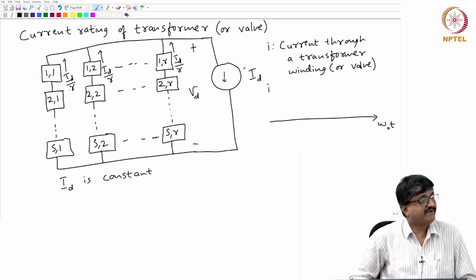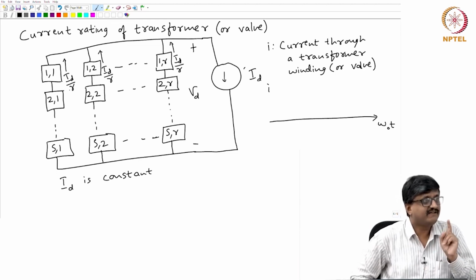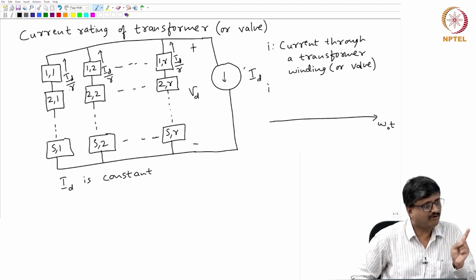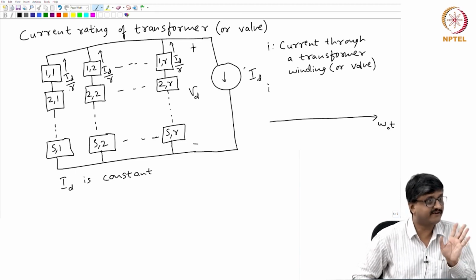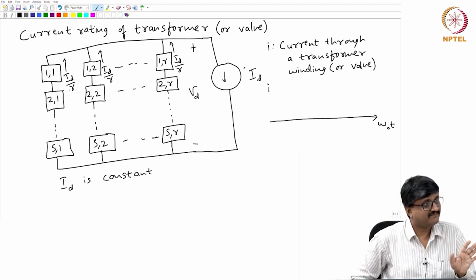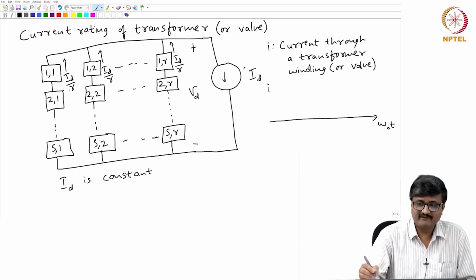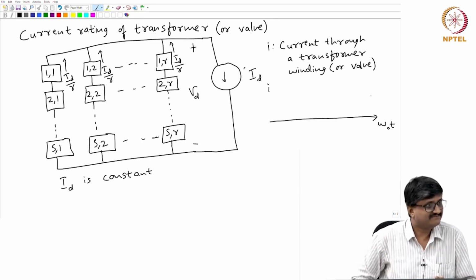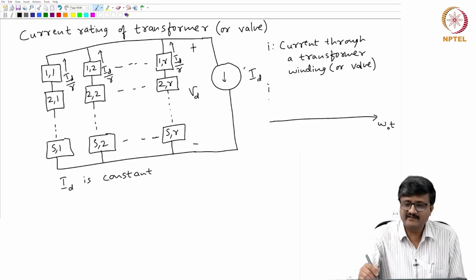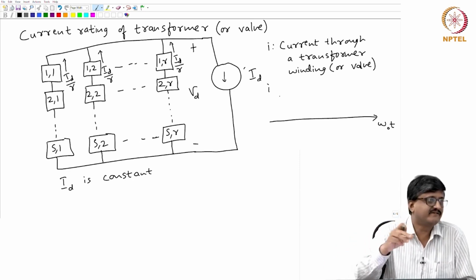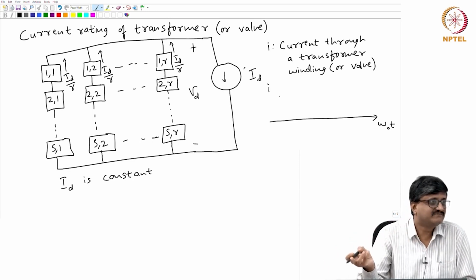Now go back to the working of the basic commutation group. At any instant only one transformer winding or one valve is conducting, and all the transformers and all the valves get a chance to conduct. Are you saying all will conduct all the time? At any instant only one conducts, and all will get a chance to conduct. So that will rule out the possibility of constant I. If only one conducts, then for that particular transformer winding it is constant and non-zero, and for the others it is 0. No, that should not happen.